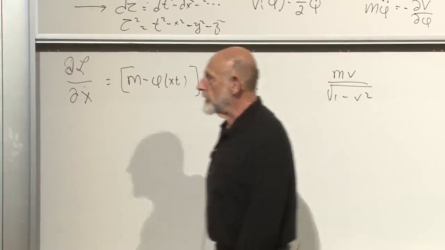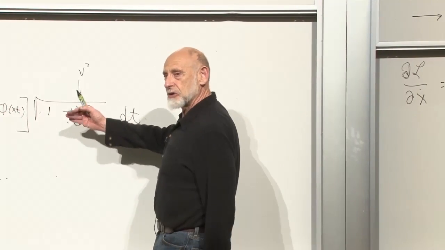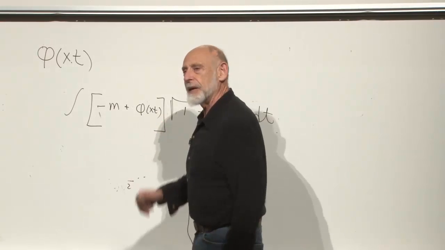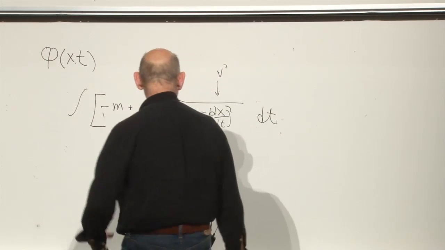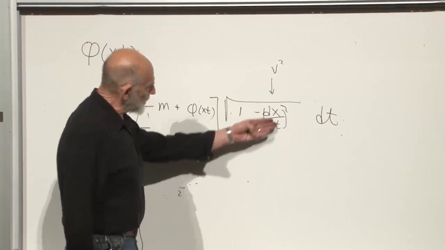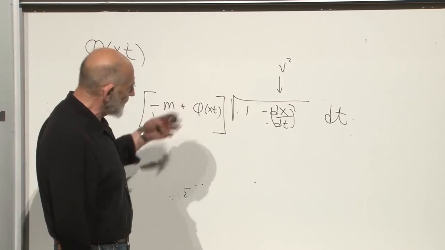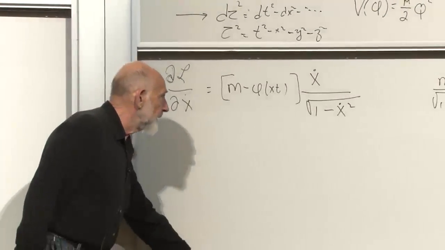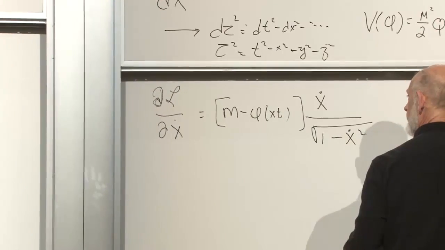So if I differentiate the Lagrangian with respect to the velocity, we'll get exactly the same kind of thing, except every place you saw m, there will now be m minus phi. We could do it explicitly. To differentiate this with respect to the component of the velocity, we differentiate the square root, we multiply by this. This is what you get. Not m times the velocity, but m minus phi of x.